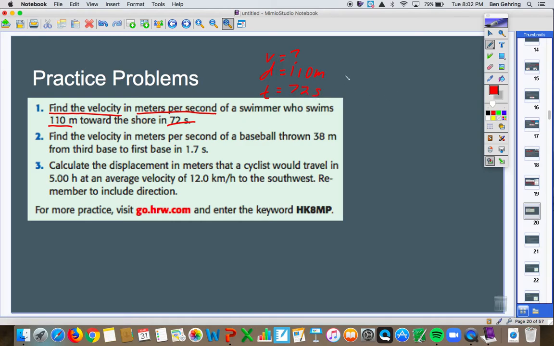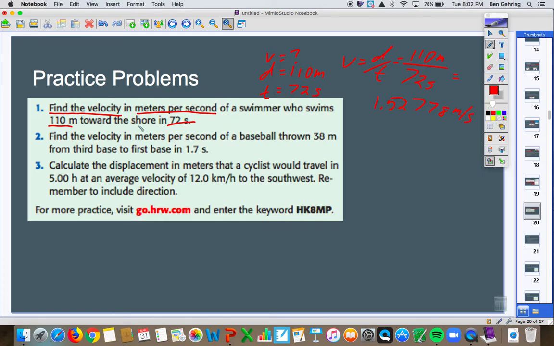So my equation is velocity equals distance over time. So I can take 110 meters and divide it by 72 seconds. If I plug it into a calculator, I get an answer equal to, I'm going to write it down here, 1.5778 meters per second.